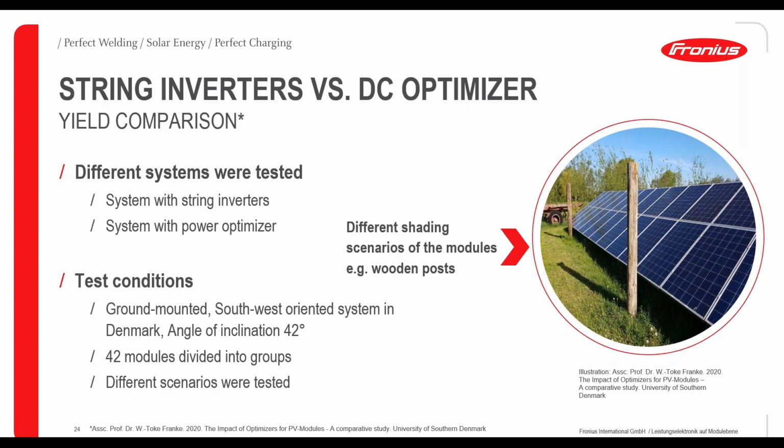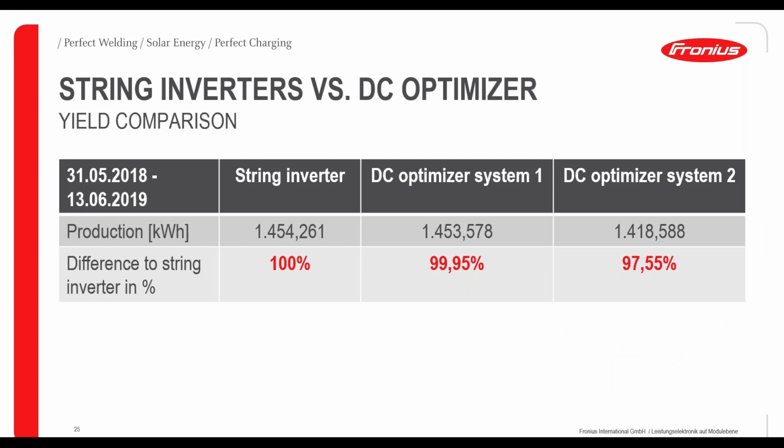Yeah, and what they found out in this study is actually very, very interesting. They did a full year of testing here from spring 2018 to summer 2019. And when we compare the production in kilowatt hours, we can clearly see with the string inverter, we have more yield than with the other systems which have integrated the DC optimizers.